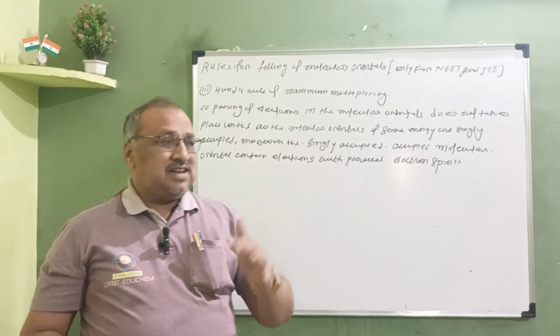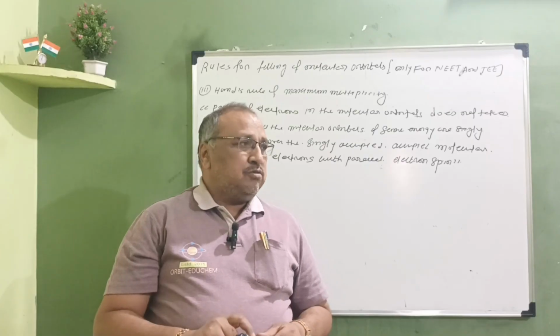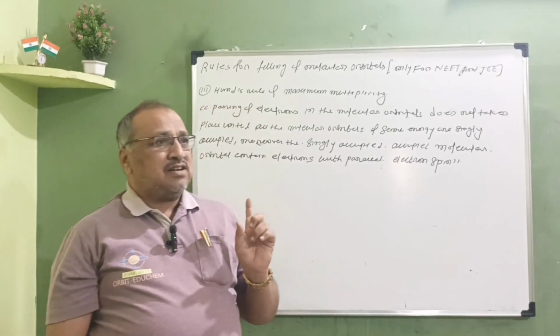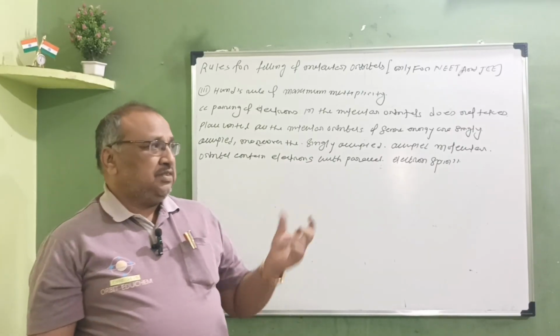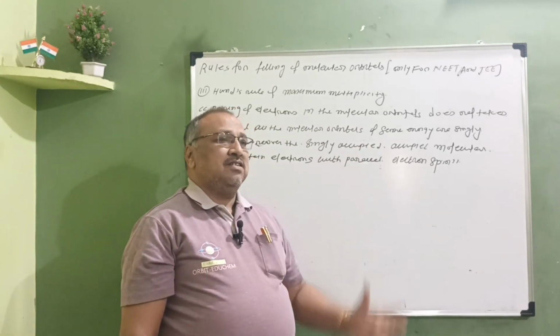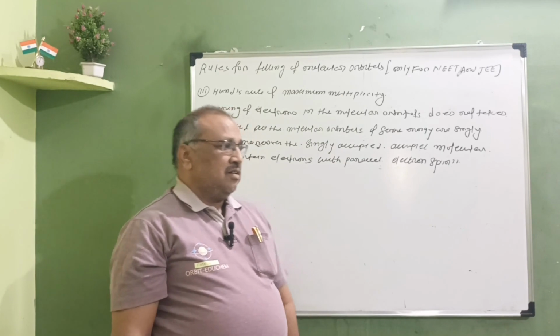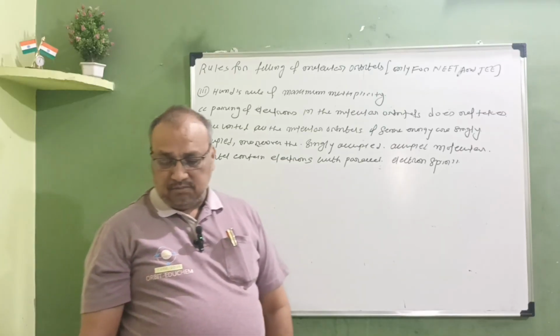That means while writing the electronic configuration of any molecule, this is the same as the electronic configuration of an atom. These are given in detail in the electronic configuration topic, which was given in the unit Structure of Atom.